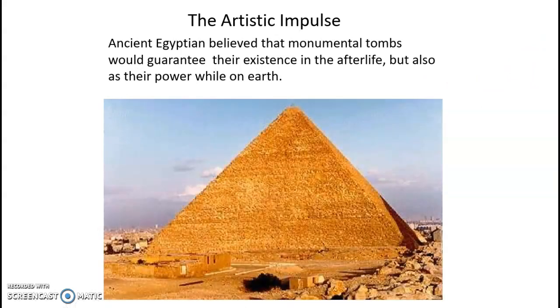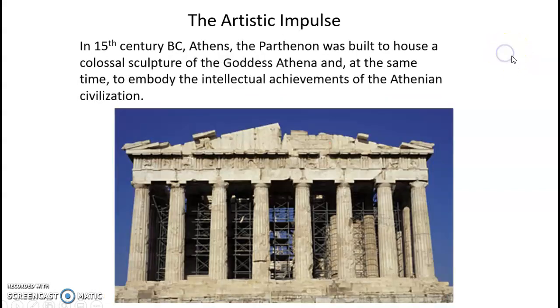Another reason to create art, in ancient Egypt, they believed that the tombs would guarantee their existence in the afterlife. And you'll see that especially older art, from ancient civilizations, not just ancient civilizations, but more common in ancient civilizations, deal with the afterlife.